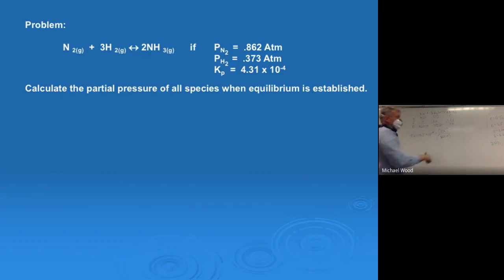So I have the NH3 squared, then the N2... You guys are way smarter than me. You might look at that and go, oh, piece of cake. I look at that and it looks awful. Mathematically, that looks awful to me.